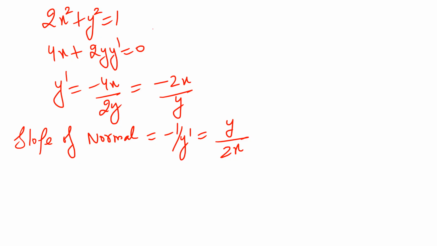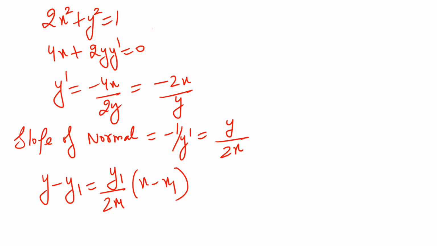Now students, just consider that we have to find the equation of the normal at the point x1, y1. So what should be the equation of the normal? Obviously it is going to be y minus y1 equal to m into x minus x1. And here m is nothing but y1 upon 2x1.